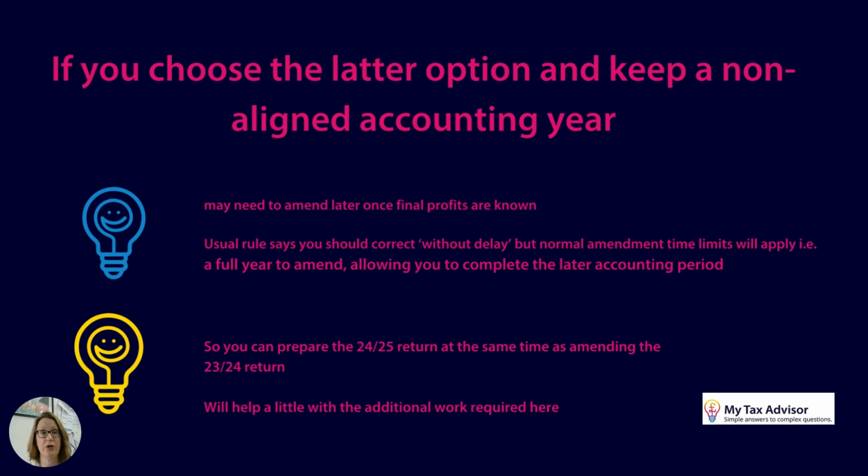So once your 3/12 of your year end to 31st of December 2024 is actually a known quantity, you will need to go back and have another look at your 23-24 tax return, because those 3/12 that you estimated in order to get your 23-24 tax return in will now need to be updated. HMRC will allow you to make this amendment at the same time as submitting your 24-25 tax return. So that eases the admin burden somewhat there.